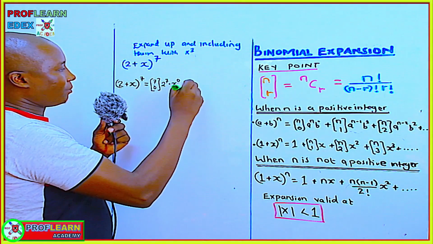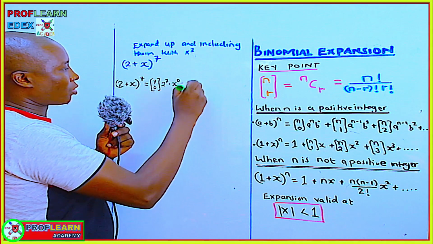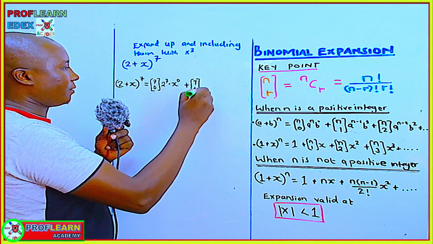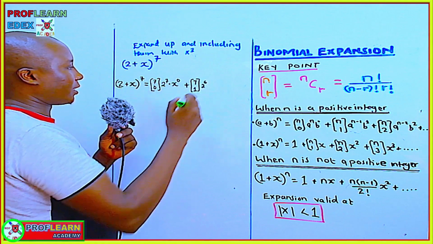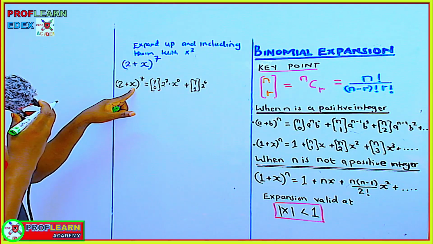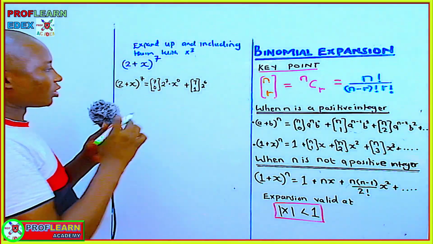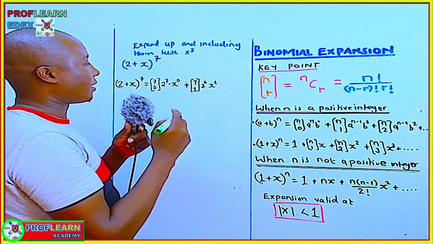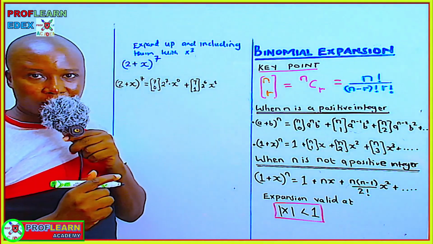The second term will be 7 combination 1, 2 raised to power 6. The power of 2 keeps on decreasing as the power of x increases. So the new power of x becomes 1. You see 6 plus 1 gives us the power 7.